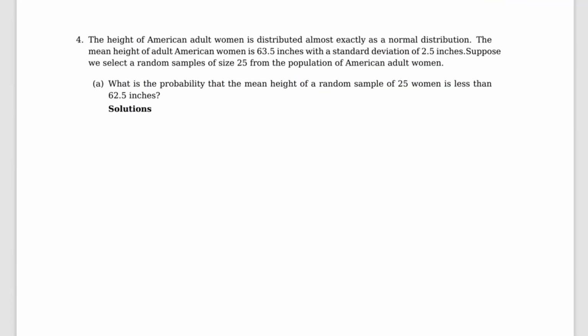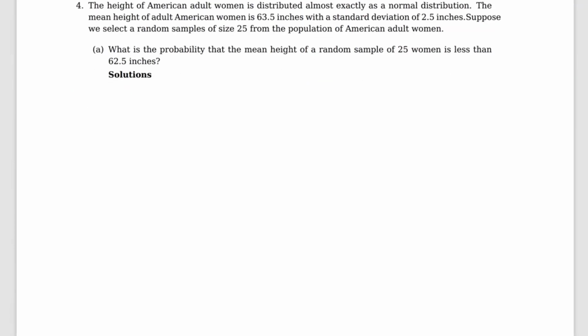Right. So then next one. The height of American adult woman is distributed almost exactly as a normal distribution. Okay, so height, I say height is x. So x has normal distribution.